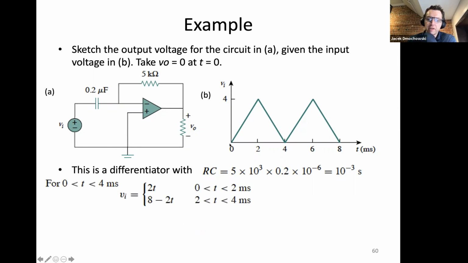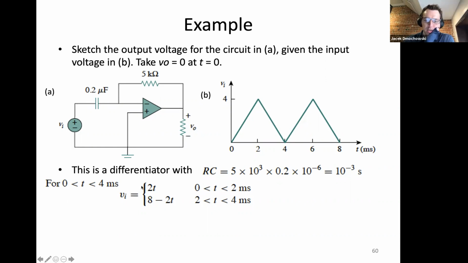Right, and so the derivative of this portion is equal to 2, right? For a rise of 4 and a run of 2. Did I go over time, by the way? No, right? Okay, good. And the derivative of this portion is negative 2, and the y-intercept is 8.